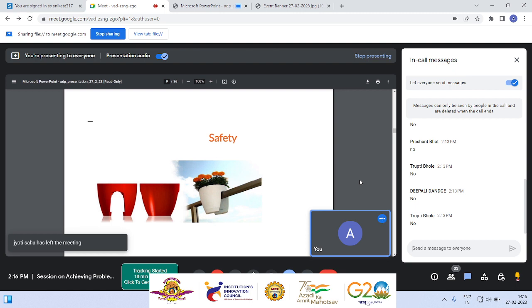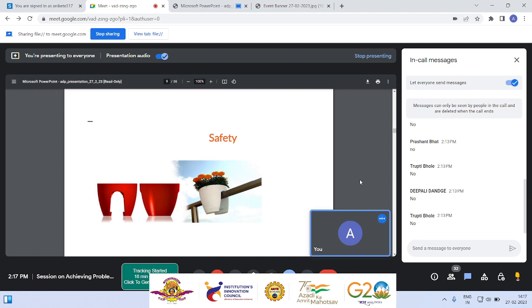This image, if you see, is a vessel where your plants are being kept.